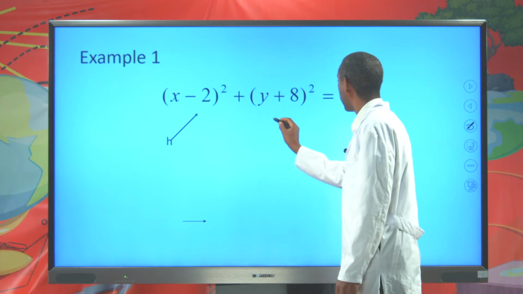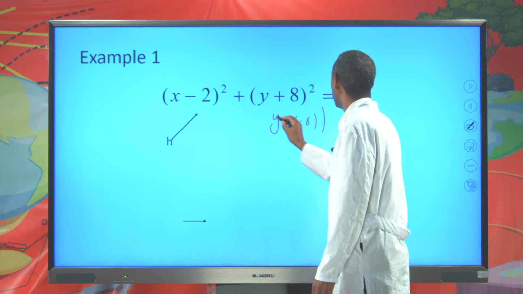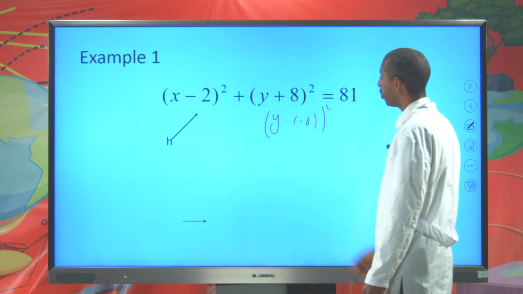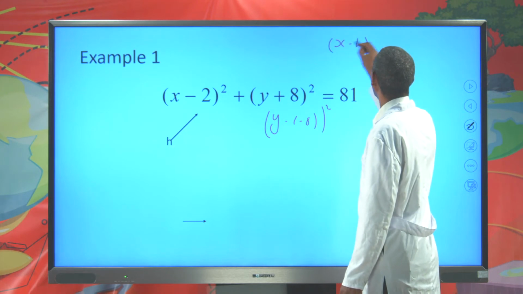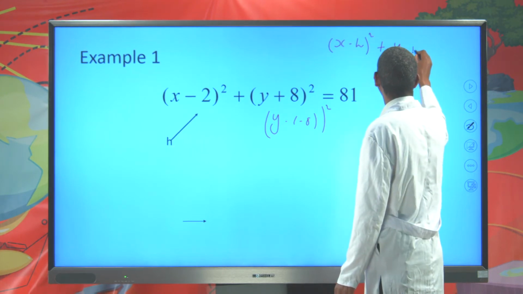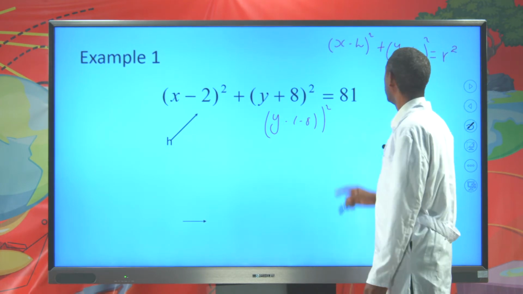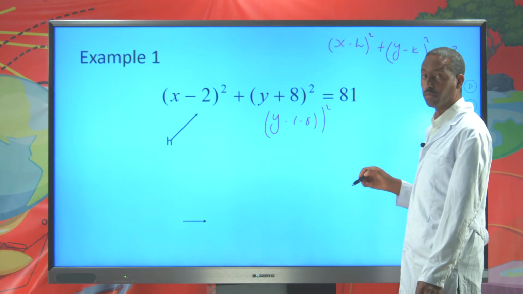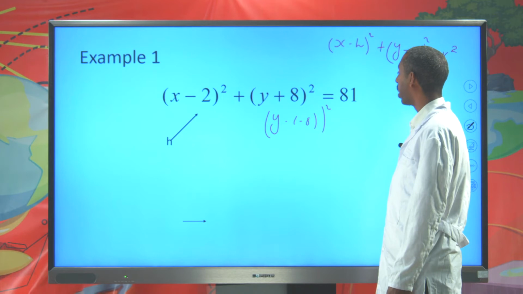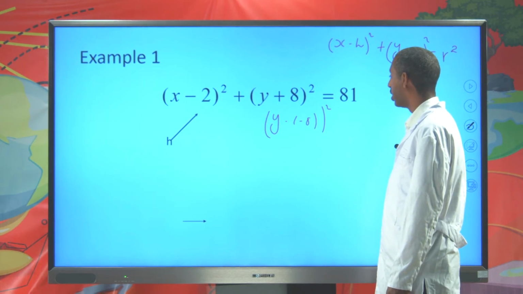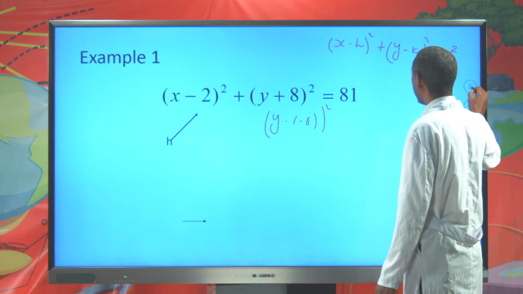Before, we mentioned the standard form of the equation of a circle is (x minus h) squared plus (y minus k) squared is equal to r squared. So in order to get this form, this is a plus sign, we may rewrite it as y minus 8. So in this case, k is going to be negative 8.